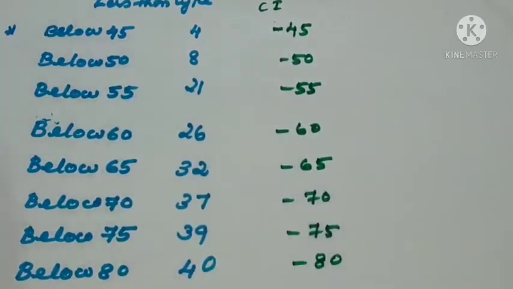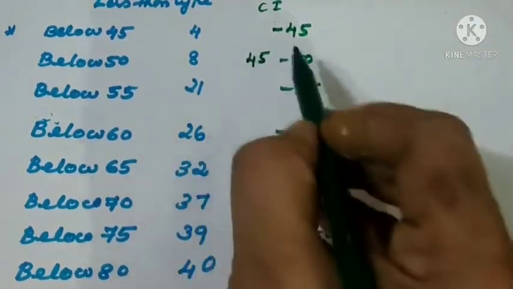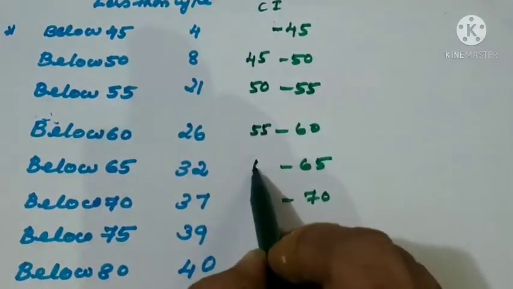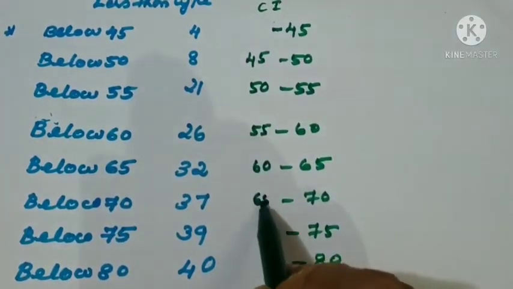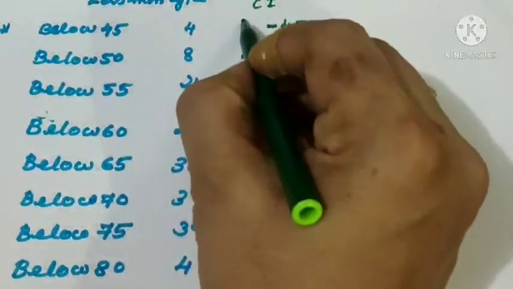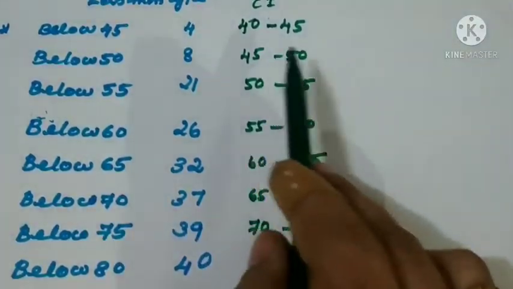If we have the upper limit, we can write the lower limit also. So it's 45 here, then 50, 55, 60, 65, 70, 75. So already 5 is the difference, so we can take that. This is 40. Right? Now we have got a class interval.